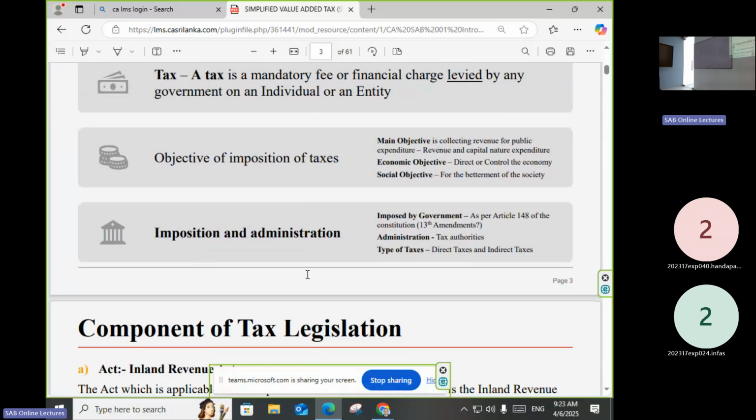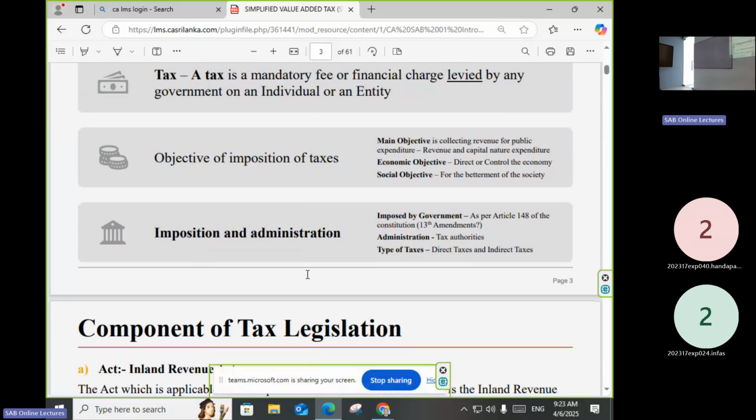We have income tax, that is tax on our profit and income. Value-added tax, that is one indirect tax on our value addition. Social security contribution levy, right? Right now we don't have NBT in Sri Lanka.